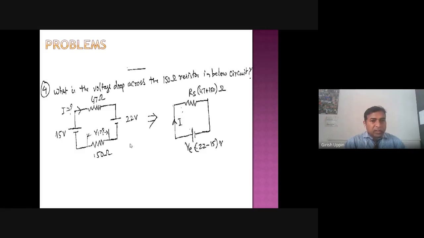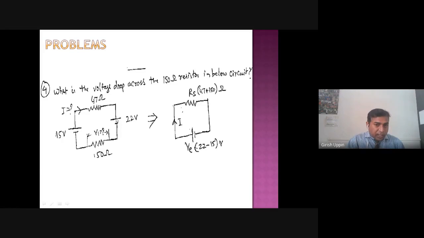So coming back to this diagram, we will see this particular battery, right? We already know that for EMF sources, the current will flow from positive to negative. So this battery is trying to send the current in this direction, and this battery is trying to send the current in this direction. So basically they are opposing each other. So what would be the effective voltage? The effective voltage would be 22 minus 15 volt, right?